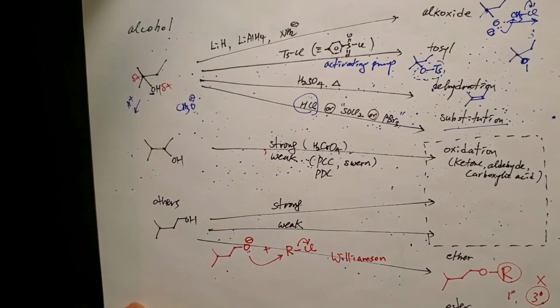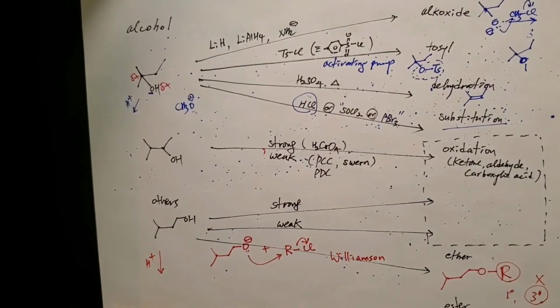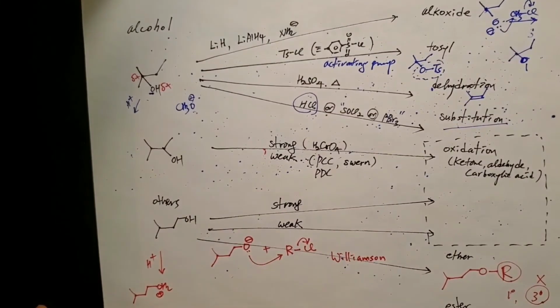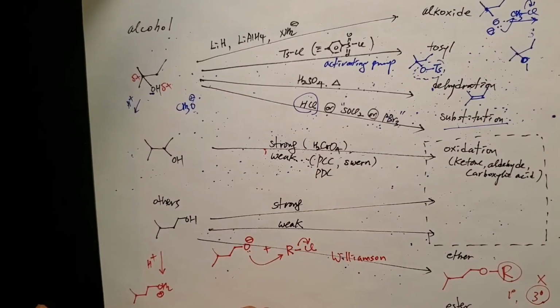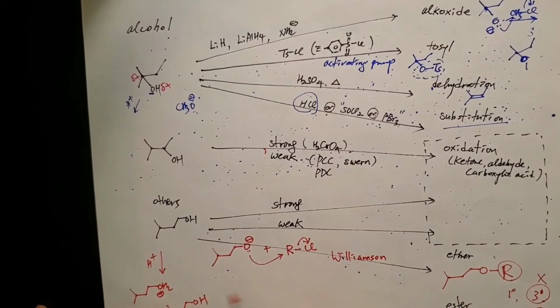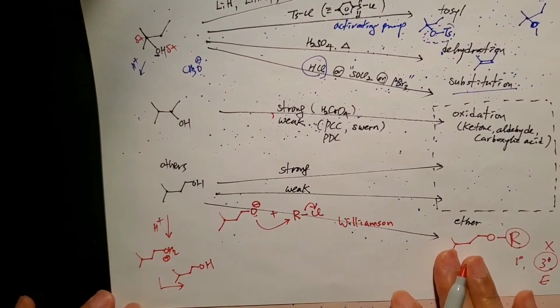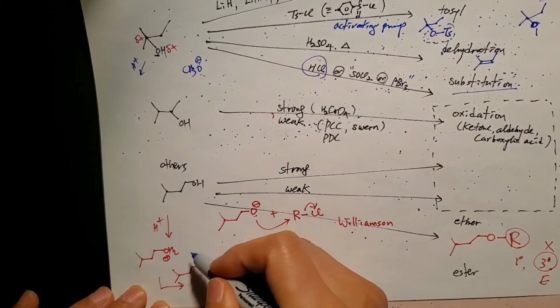This is always compared with the acidic condition. If you put H plus, you can always form a good leaving group. Another mole of the alcohol, you can imagine, can attack and lose the leaving group.